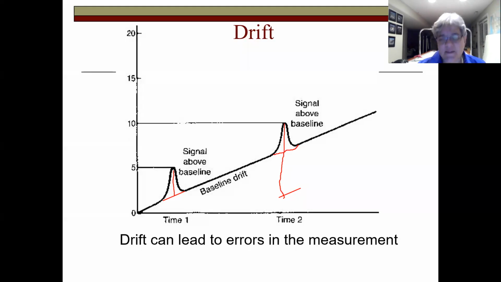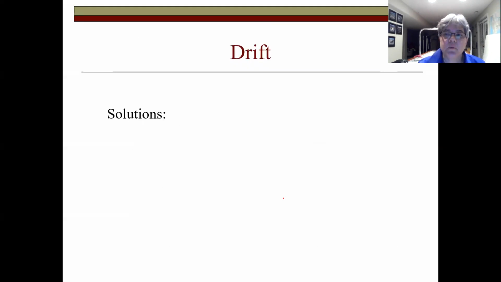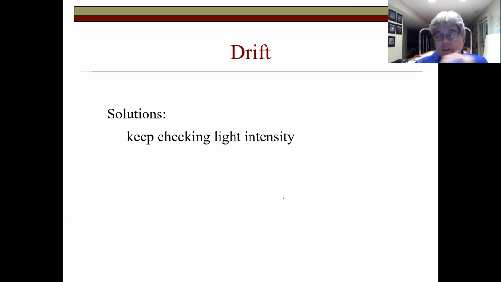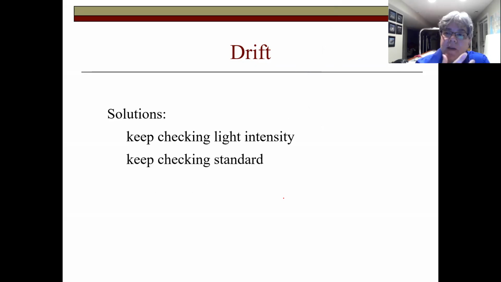How can we fix this problem? So there's several things you can do. One is you keep checking the light intensity. You know, you check, because usually the problem is the light changing. So you check the light intensity every time you make a measurement. Another thing is you have a standard. And a standard should always give you the same signal.